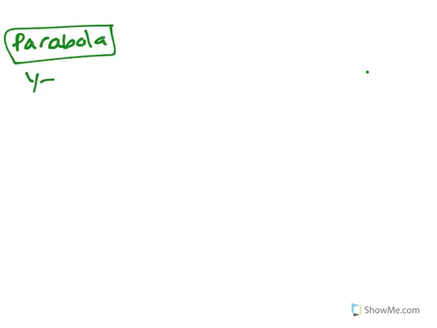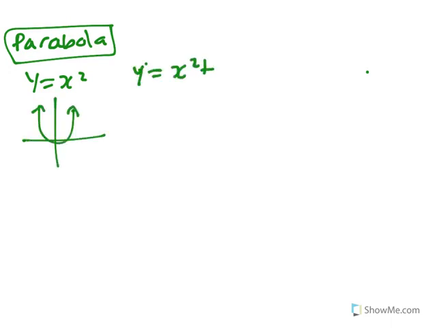Okay, so first of all, have a bigger look at the parabola. The basic shape of the parabola is like that. Now if you add a number to the parabola, all it does is move all of the y values up, so it'll move up 3.